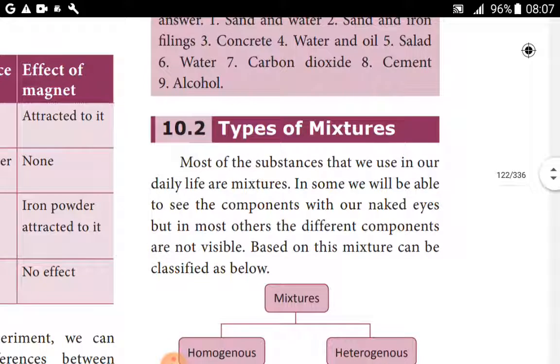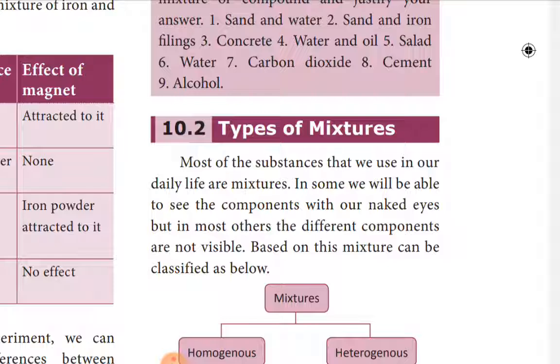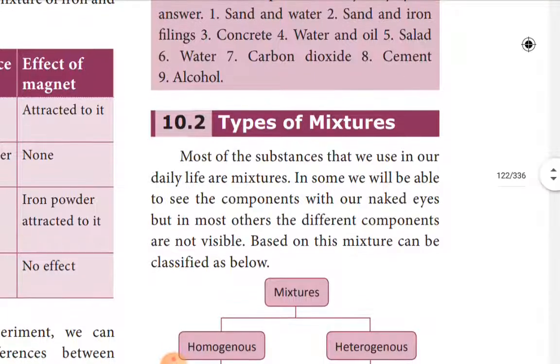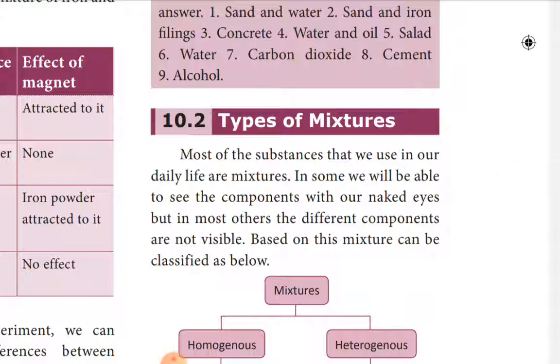Then take ninth one, that is alcohol. There are different types of alcohol that you are going to study in the next year, 10th standard. But alcohol generally constitutes one hydroxyl group, meaning OH group, with one alkyl group. Maybe C2H5OH or CH3OH, ethyl alcohol or methyl alcohol, also called ethanol and methanol.